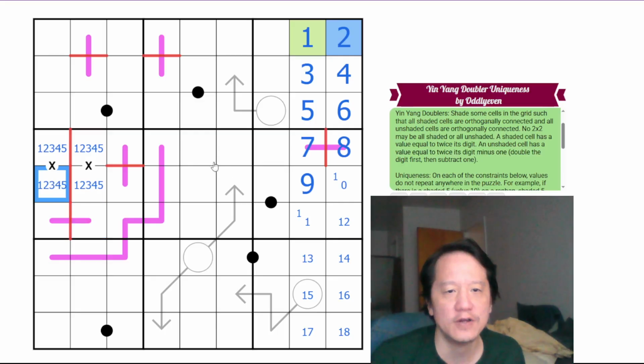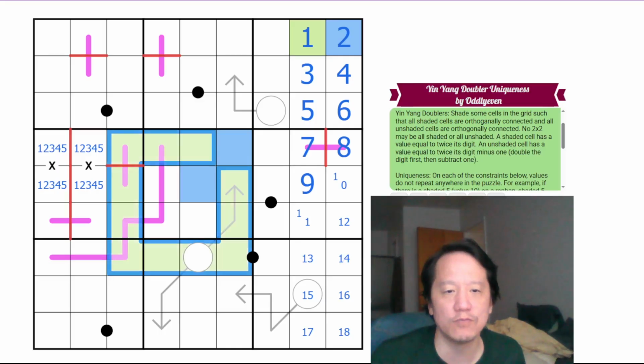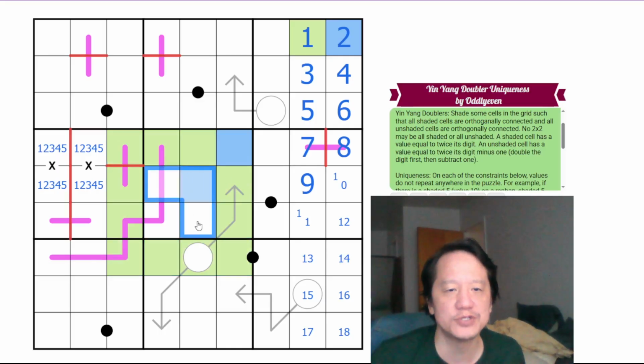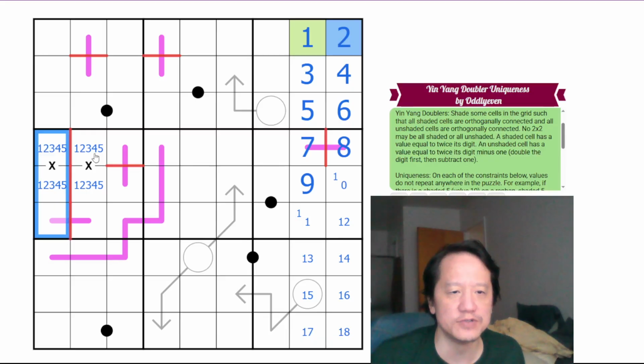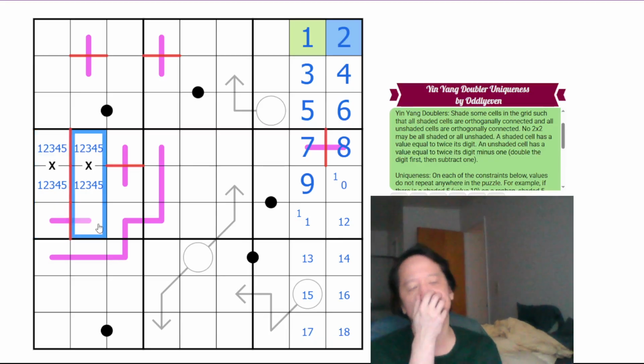You can't have a diagonal that's one shading and the other diagonal be the opposite shading. The reason is if you try to orthogonally connect one set, that will necessarily break the other set into two separate regions, which is not allowed. So therefore we know all of this is one shading, all of this is one shading.